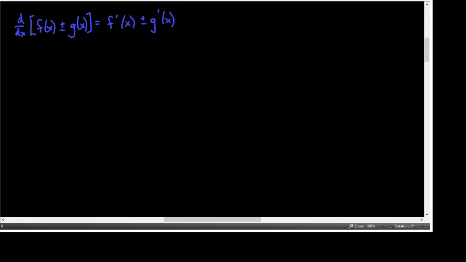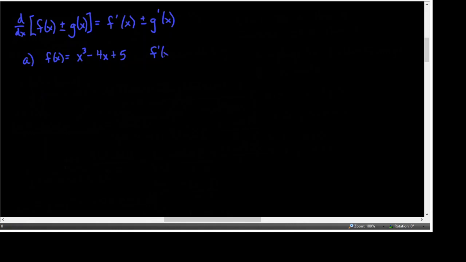Okay, so that means that we can take the derivative of something like this, f of x equals x cubed minus 4x plus 5.